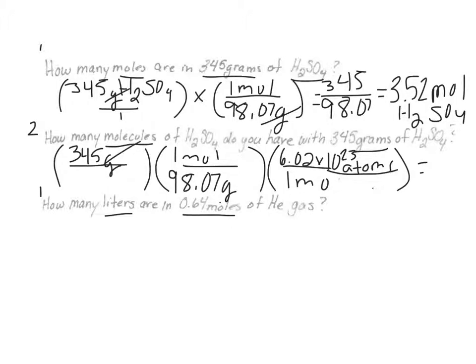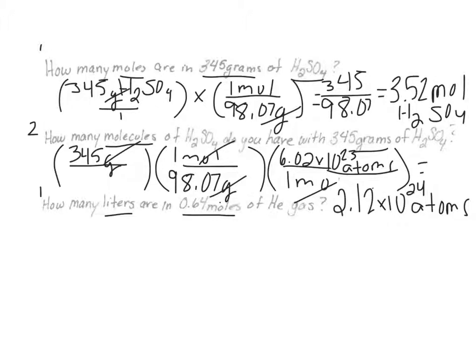My grams are going to cancel out, my moles are going to cancel out, and I will be left with atoms. So I'm going to multiply all the way across the top, then all the way across the bottom, and divide. And if I put this in my calculator right, I have 2.12 times 10 to the 24th atoms of sulfuric acid. You know it's going to be a big number, right? Because it's asking for molecules.